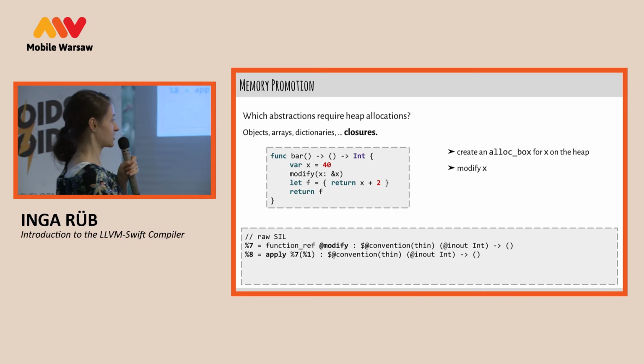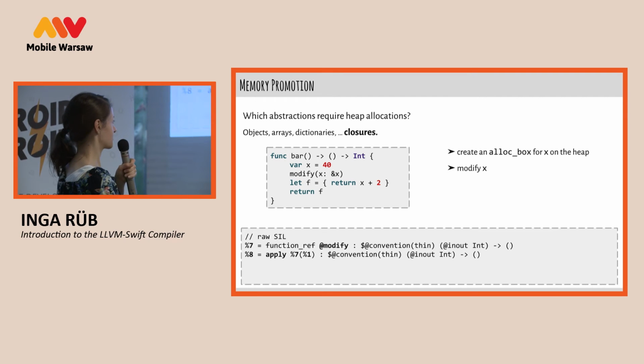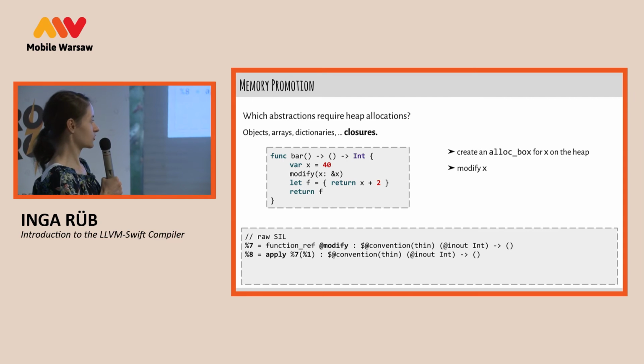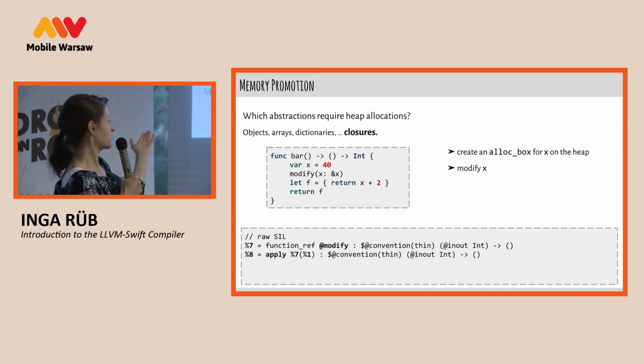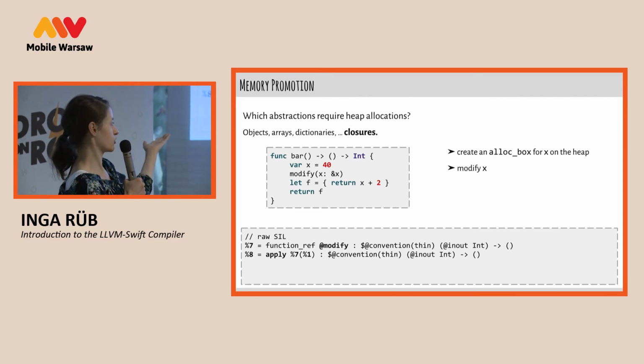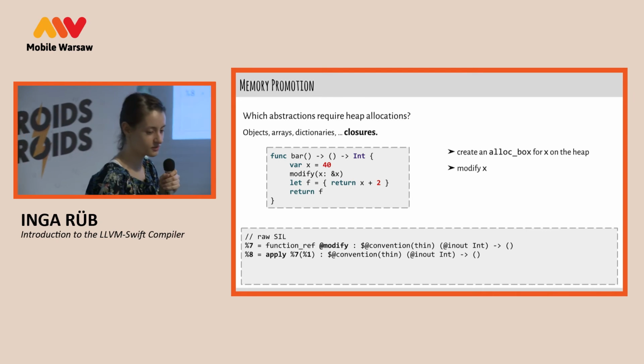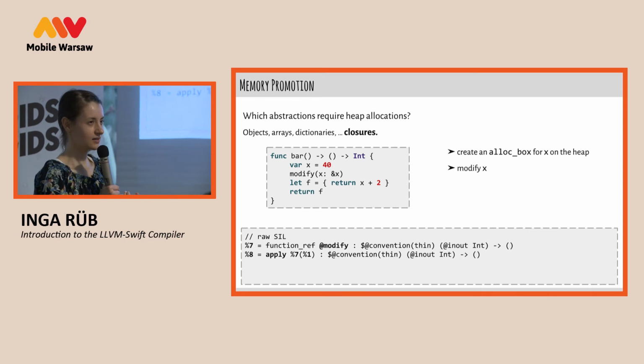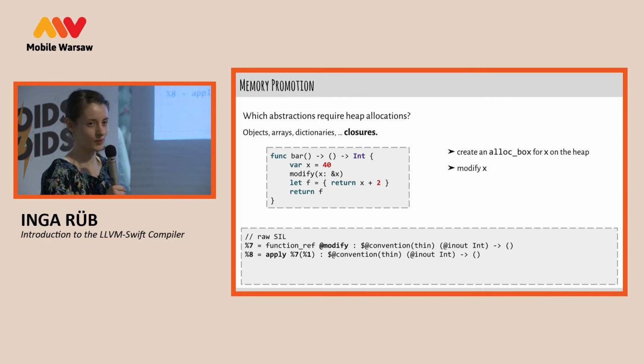Okay, what do we do next? We modify x. So we find the reference to the function modify, and then we apply this function to our argument number 1. You don't have to parse the whole line. It's important to know what's going on, but you don't have to understand all the details.